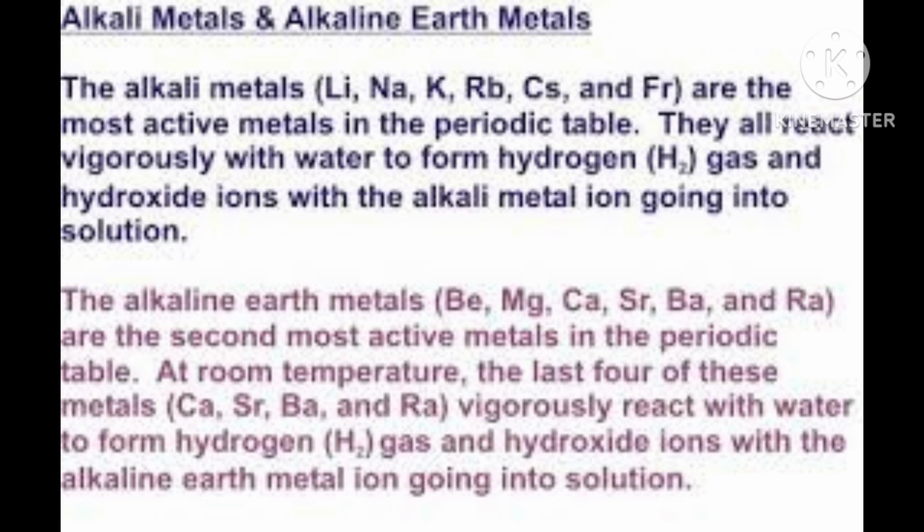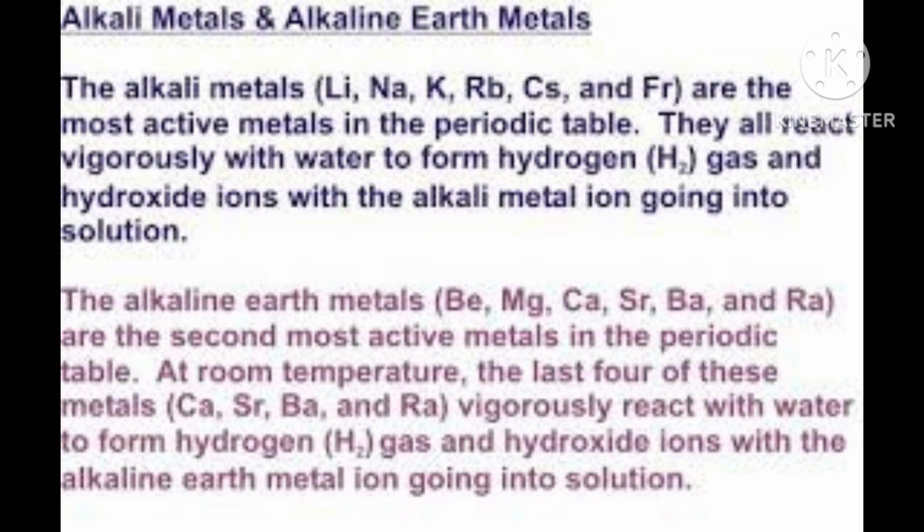Their general electronic configuration may be represented as the noble gas configuration, and after that ns square. Like alkali metals, the compounds of these elements are also predominantly ionic. Group 2 metals are also ionic except beryllium.